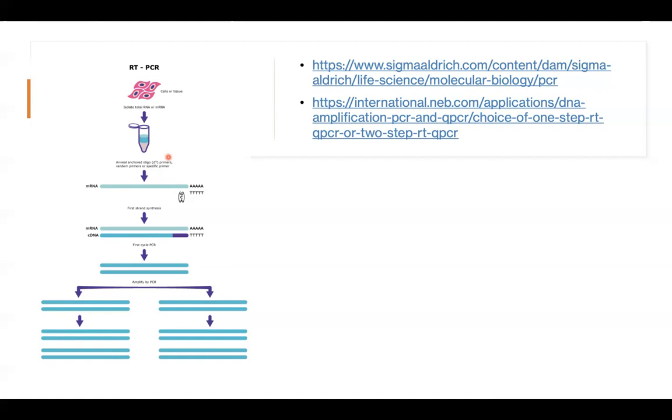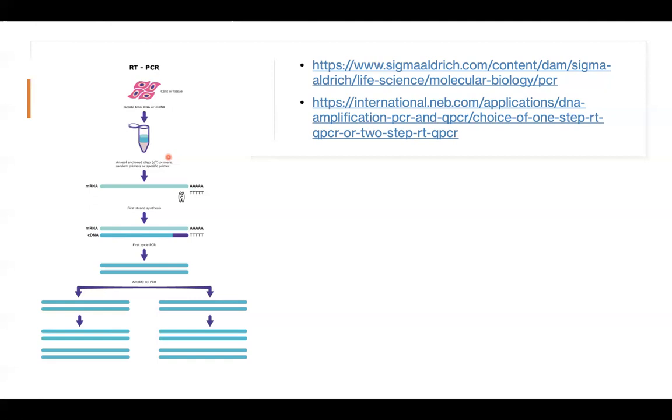Ibig sabihin, there's a keratin gene for the skin, meron din keratin gene dun sa ating muscle, may keratin gene dun sa bone. Okay? But to determine if yung keratin gene is na-transcribe or na-translate, we need to isolate mRNA from the cell or yung source natin.